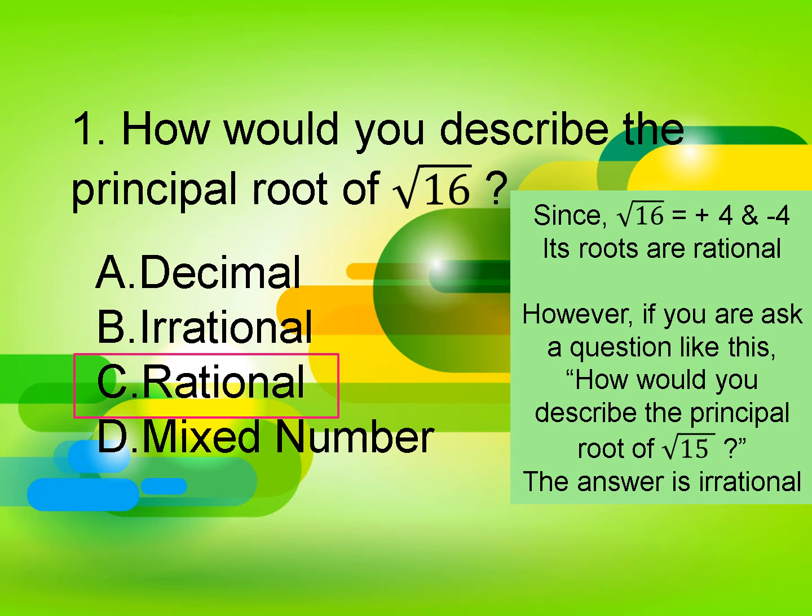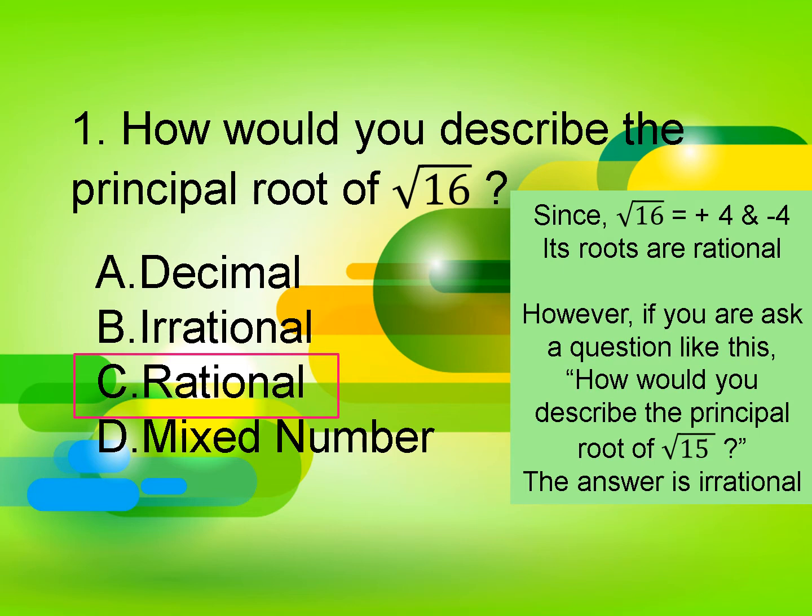So, the principal root positive 4 can be expressed in the form a over b, and that is equal to 4 over 1, meaning it is a rational number.